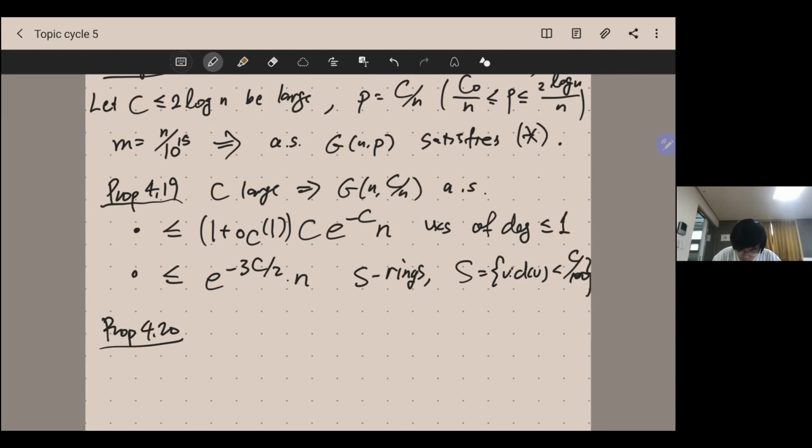Proposition 4.20. Now we deal with the case when p is log n, let's say between log n and 2 log n.